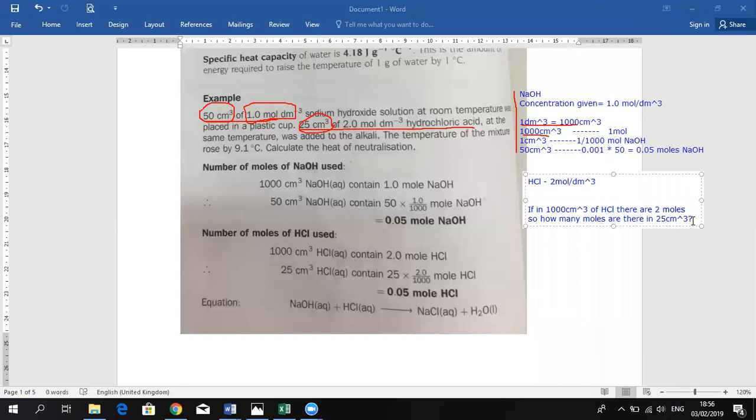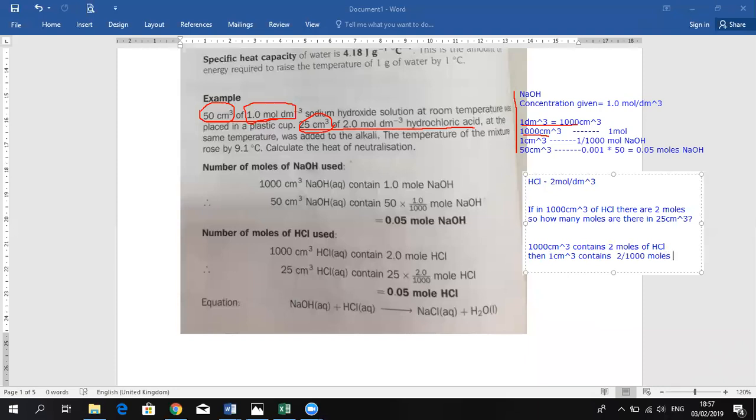So to find that out, if we know 1,000 cm cube contains 2 moles of HCl, then 1 centimeter cube contains 2 divided by 1,000 moles.